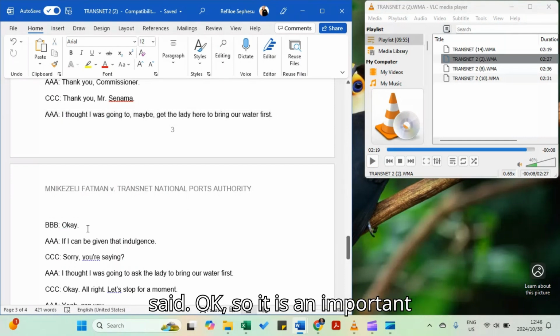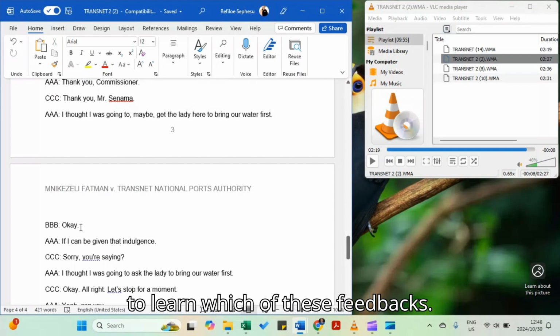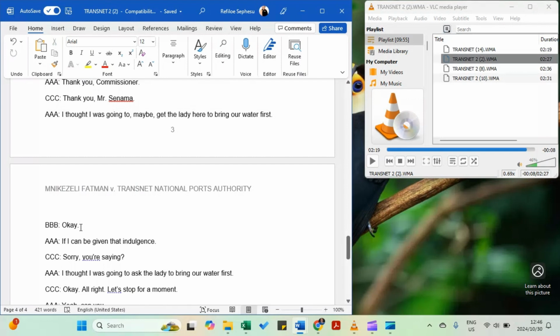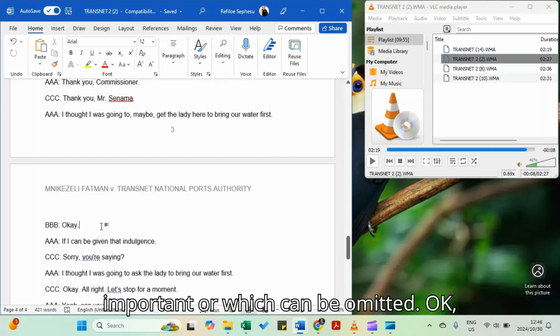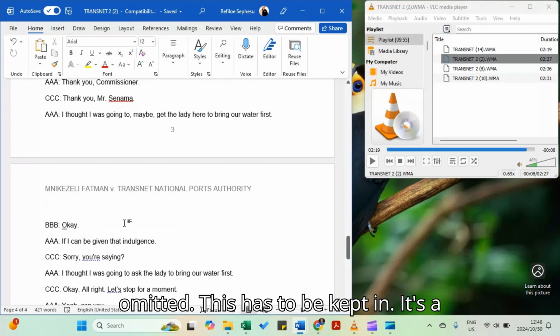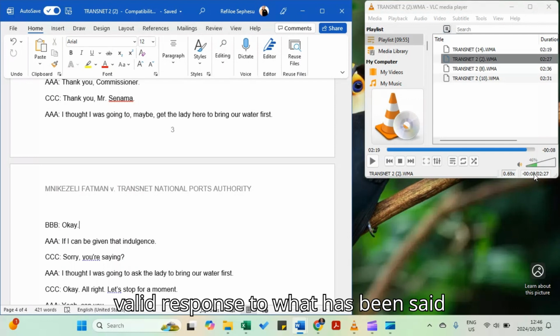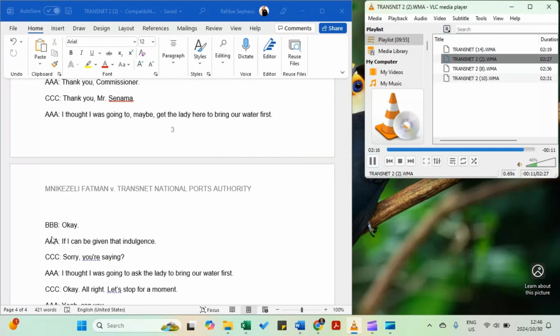Okay, so it is an important okay to keep in the transcript. So you need to learn which of these feedbacks are important to keep in and which can be omitted. Okay, this is not one of the ones that can be omitted. This has to be kept in. It's a valid response, or an acknowledgement rather, to what has been said.